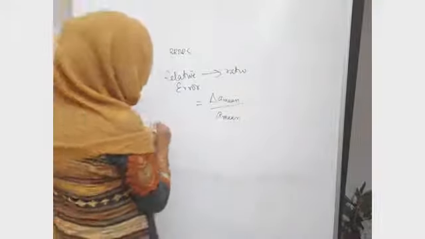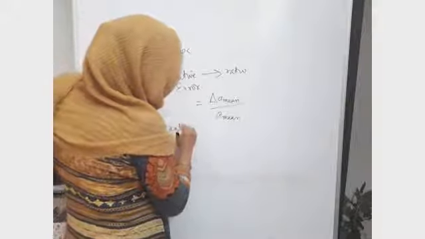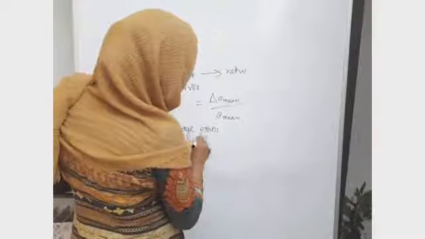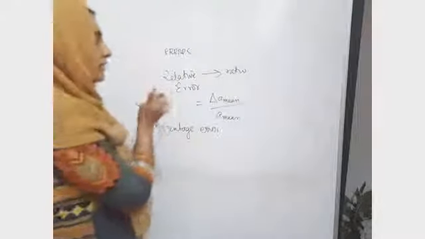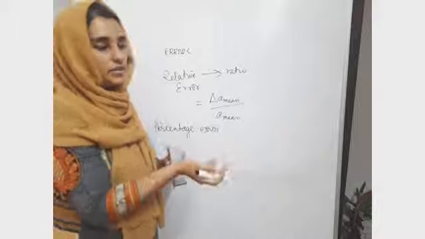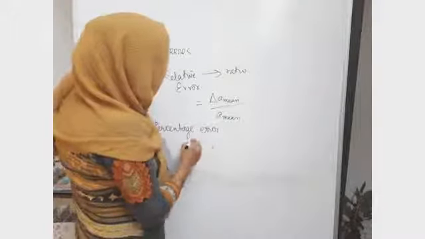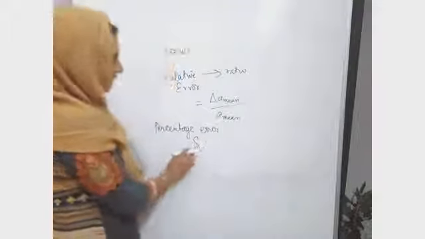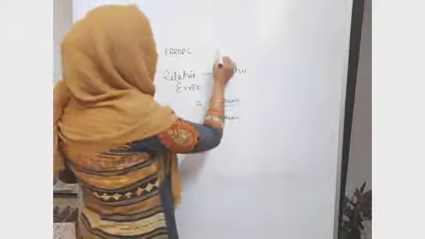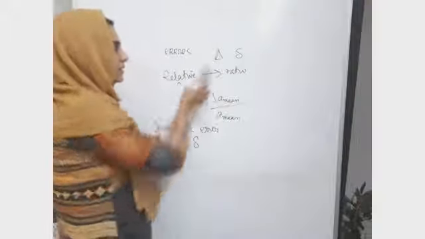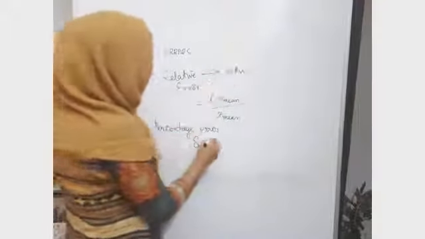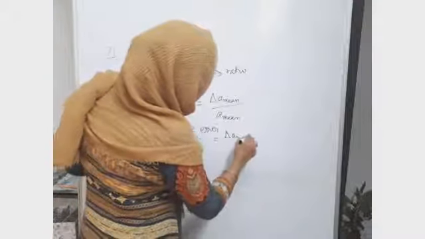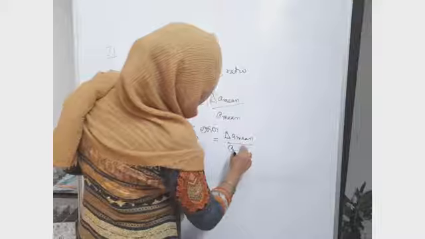Next is percentage error. Percentage error is representing relative error in percentage. It can be represented with this delta, which is also known as delta notation. So delta is equal to percentage error. Delta is equal to delta a mean divided by a mean multiplied by 100.